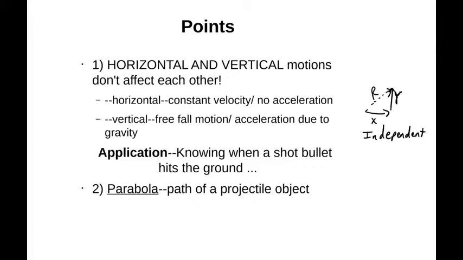But x does not affect y, y does not affect x. Horizontal: constant velocity, no acceleration. Acceleration is 0. The vertical, the y, we are in free fall, and of course we have our acceleration due to gravity, negative 9.8 meters per second squared.